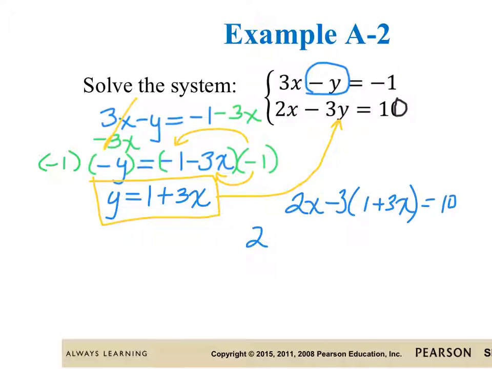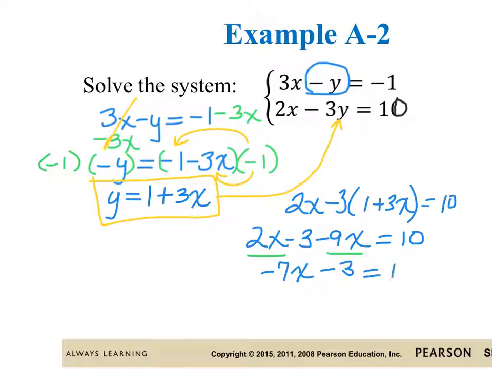So to simplify, 2x minus 3 minus 9x equals 10. We'll collect like terms. 2x minus 9x is negative 7x minus 3 equals 10.